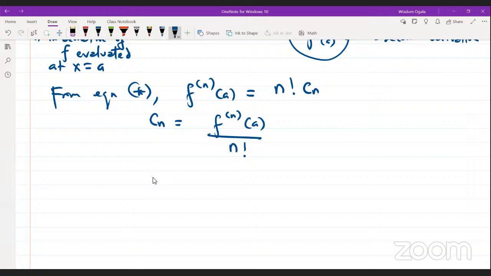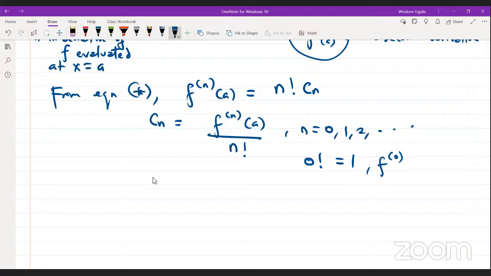Now, keep in mind, guys, that this formula holds even when n is 0. n can be 0, 1, 2, on and on. Why? Because 0 factorial is just 1. And you may also have a question like, okay, what is f superscript 0?